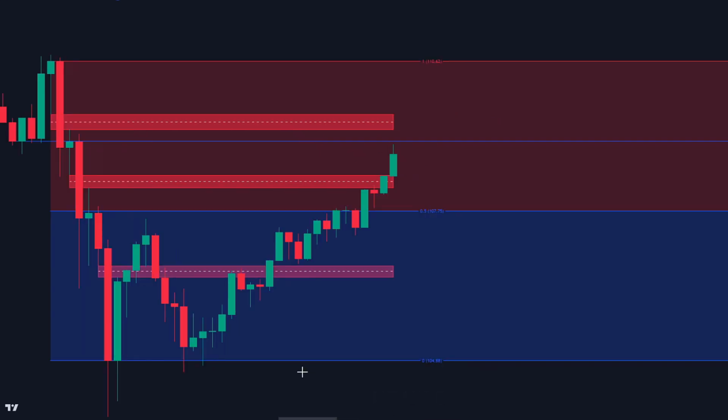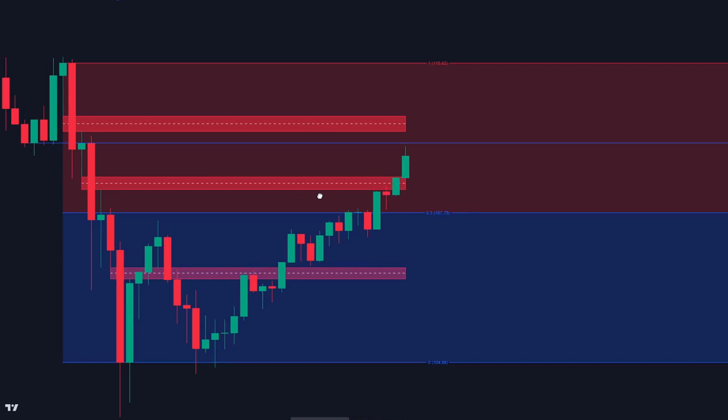So as you can see, the price did move up. And did this fair value gap work? No, it didn't. This shouldn't be taken into consideration at all because it's in the discount area and you are not looking to enter short positions in the discount area, only in the premium. So this one is invalid just right here.